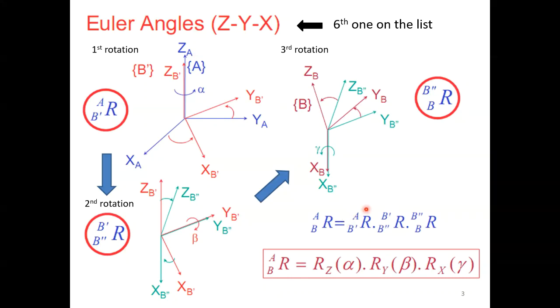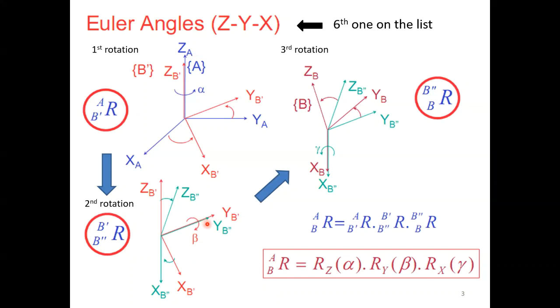After that, you substitute for AB dash R. So AB dash R is a rotation around Z axis by an angle alpha. So we call it RZ alpha. And then you have B dash B double dash R. B dash is here, B double dash is here.